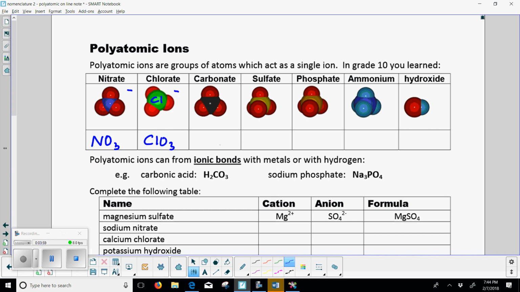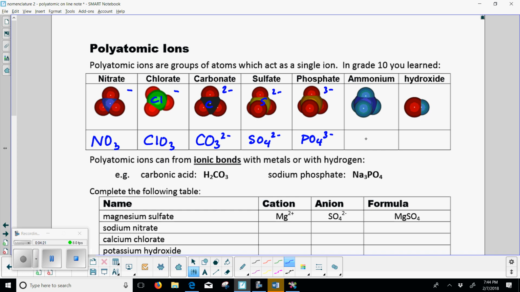It also has a charge of -1. Then we've got carbonate, so we've got a carbon surrounded by 3 oxygens, and the charge here is 2 negative. Sulfate has 4 oxygens and a charge of 2 negative. Phosphate, 4 oxygens with a charge of 3 negative.